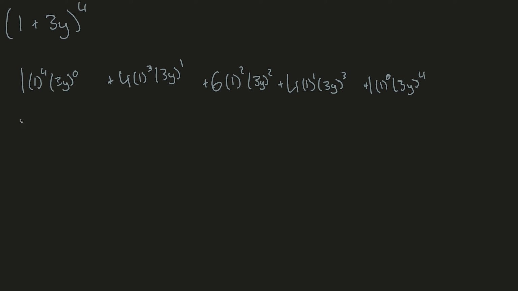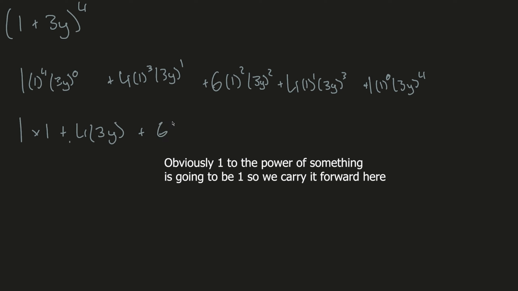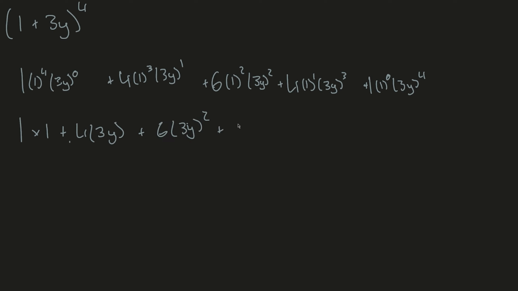So it's going to be 1 times 1, because 3y to the 0 is obviously going to be 1, plus 4 outside of 3y, plus 6 outside of 3y to the 2, plus 4 outside of 3y to the 3, plus 1 outside of 3y to the 4.